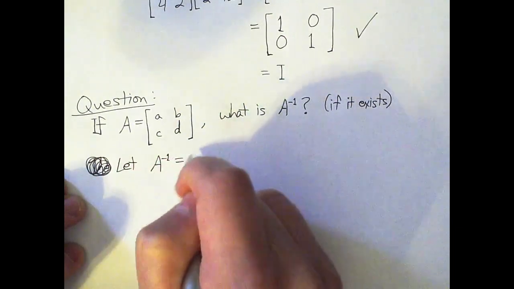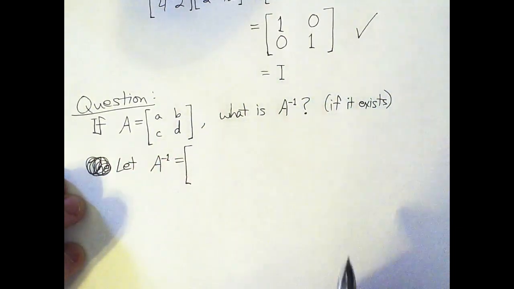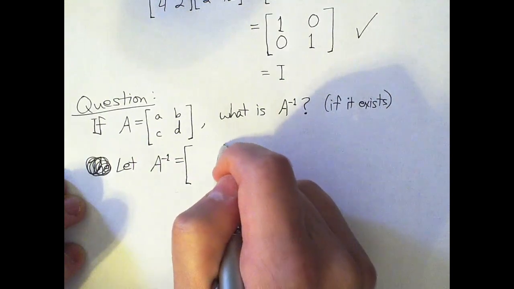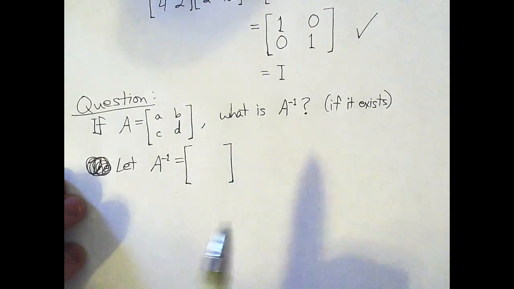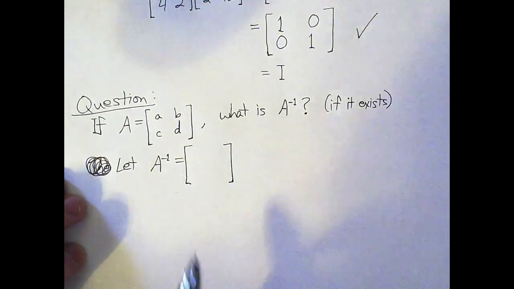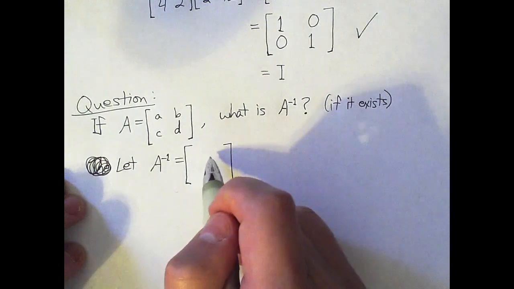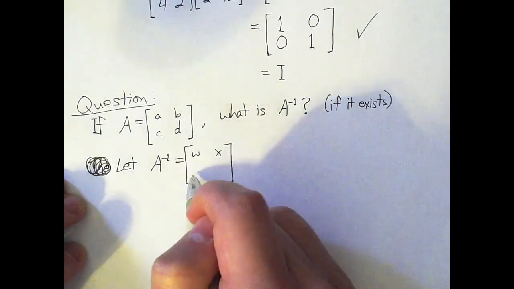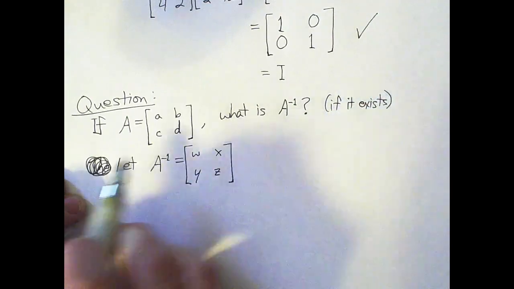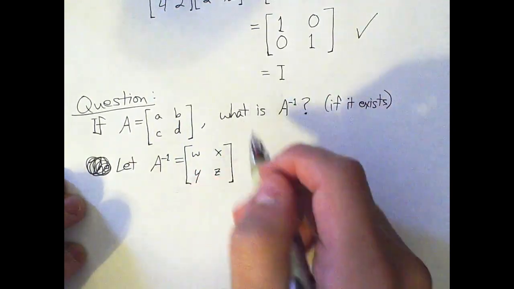We know that the inverse should also be 2 by 2. In order for the matrix multiplication to be defined, for A times A inverse equal I, this has to be 2 by 2. So let's give this some letters also. I'm going to use the letters at the end of the alphabet, W, X, Y, Z, just because we already used the letters at the beginning of the alphabet.